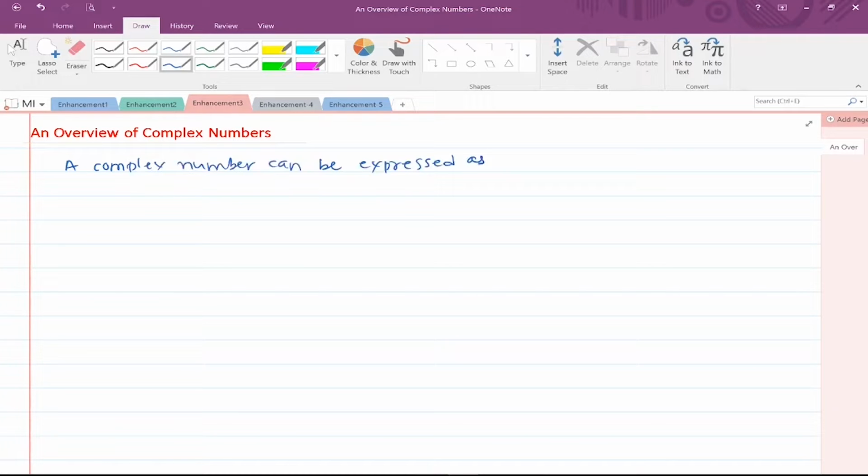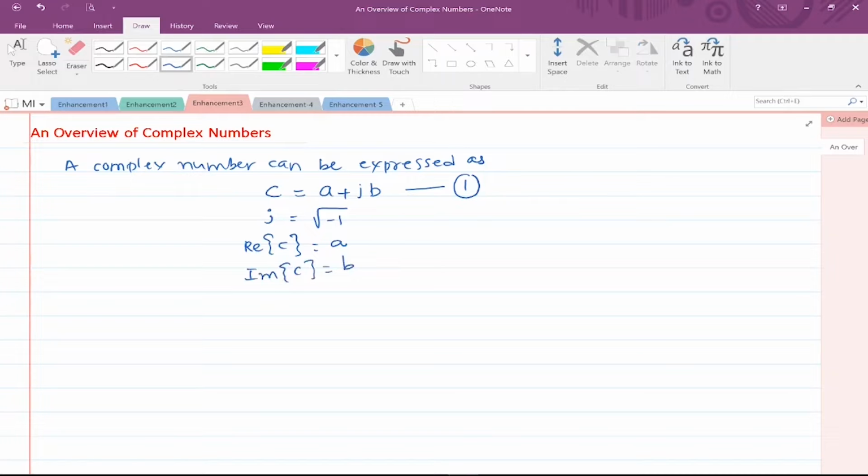One typical representation is, let's call it C, equal to a plus jb. This is the representation where you are using the real and imaginary parts of a complex number. Here j can be represented as the square root of -1. The real part of this complex number C will be equal to a, and the imaginary part will be equal to b.